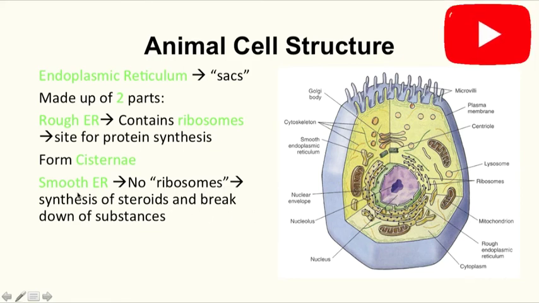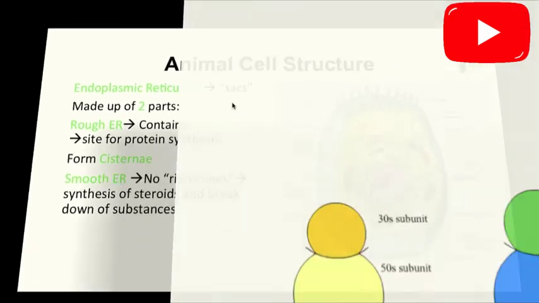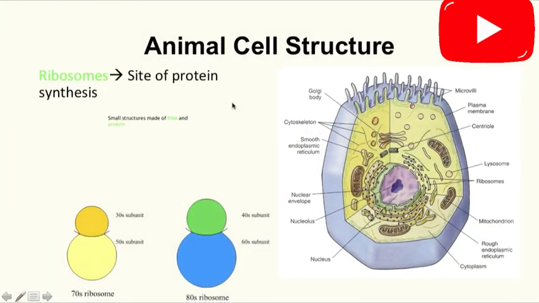The function of the smooth ER is the synthesis of steroids and the breakdown of substances such as toxins. And cisternae are simply folds of the membrane. When I say it forms cisternae, it means the folding of the membrane, to be honest.